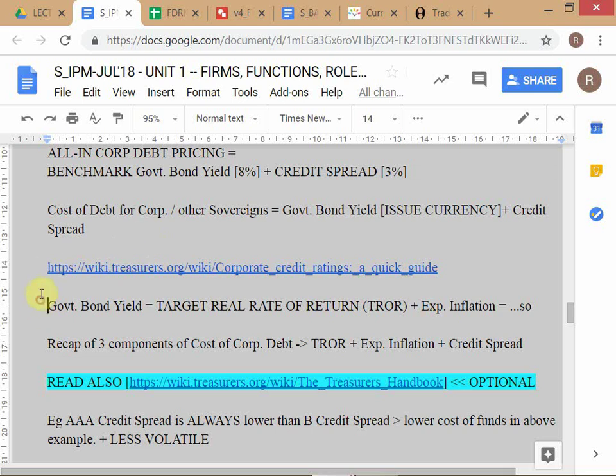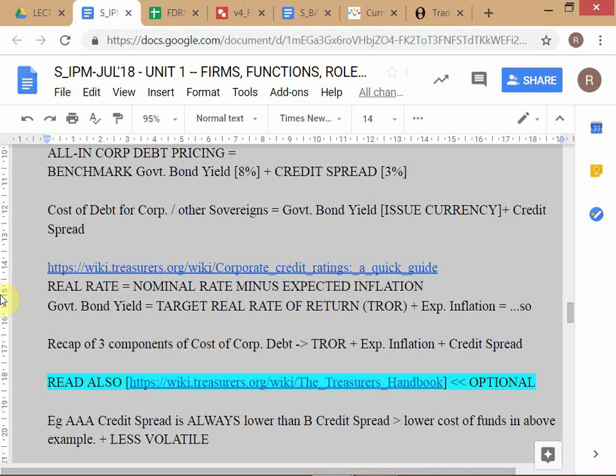We're all talking about interest rates here. So real rate equals nominal rate minus expected inflation. Do you agree? Is this clear? Everyone agrees?